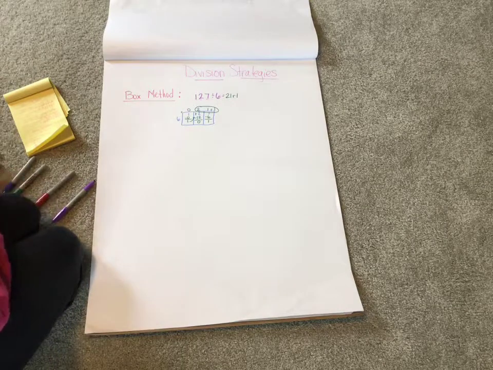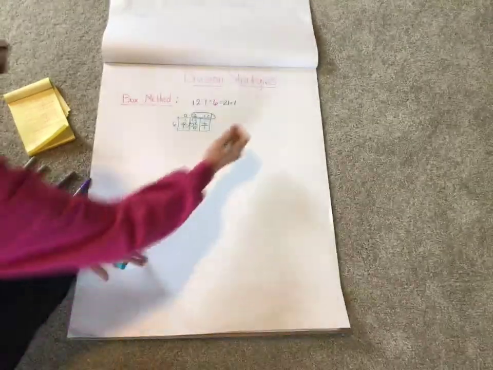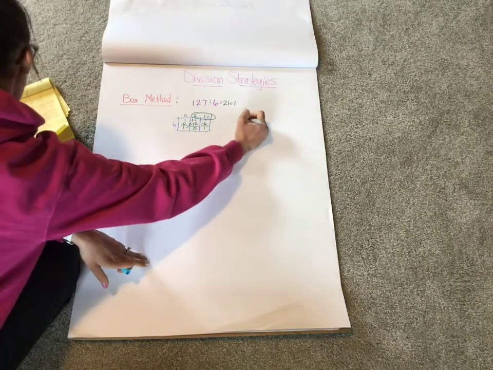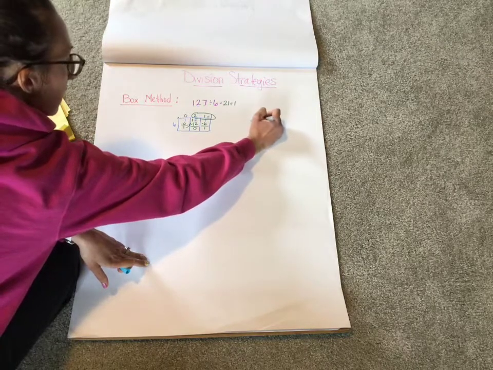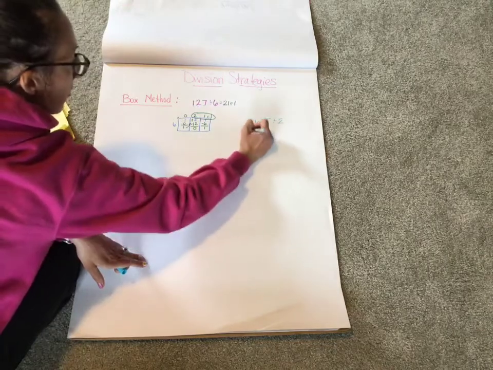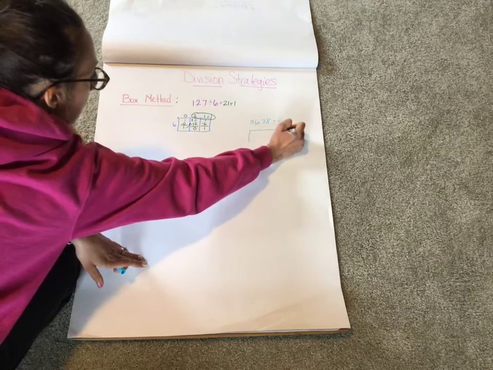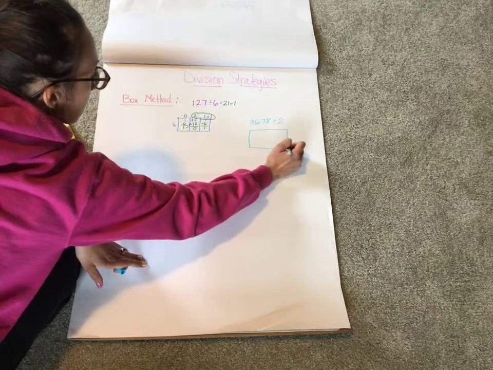Let's try another one using a larger number. This time we're going to do 3,678 divided by 2. This time I would need 4 boxes.